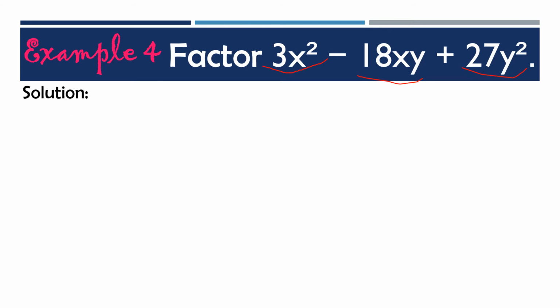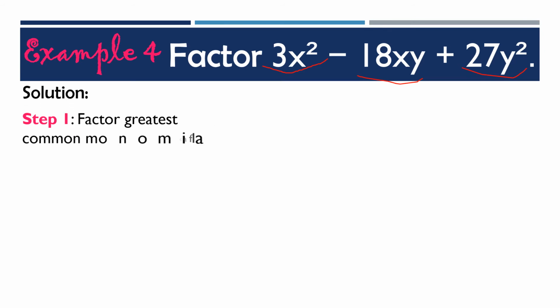So solution. Step 1. Factor the greatest common monomial factor. So, the common monomial factor among the three is 3. That's right. Because 3, 18, and 27 have a GCF of 3.